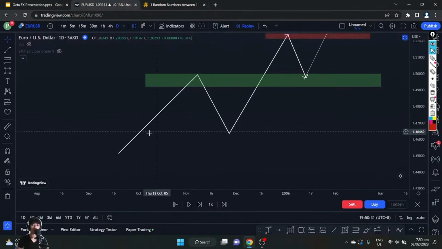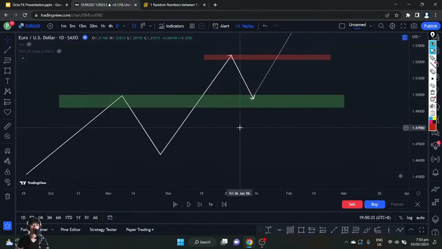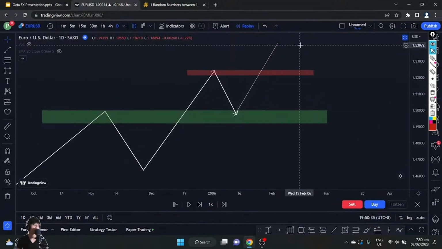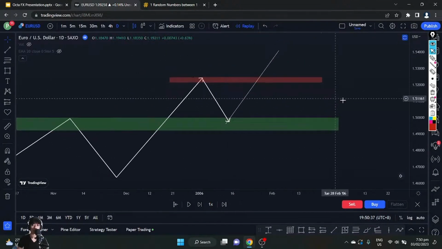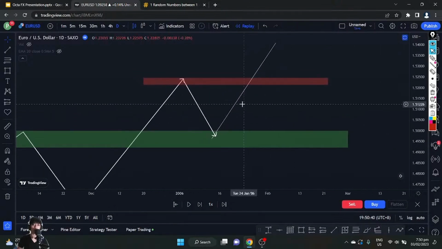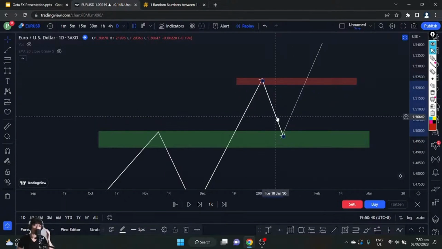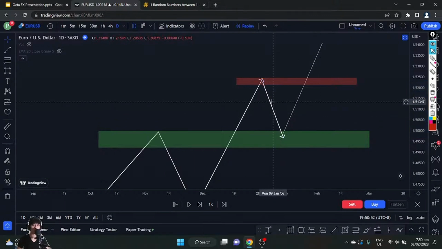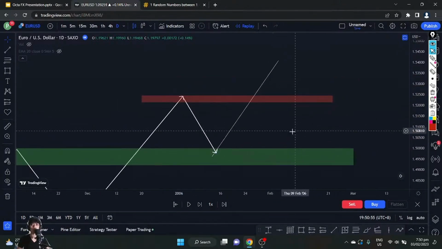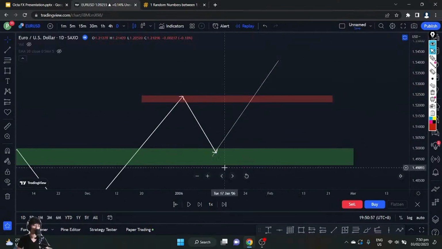So this is our 1, 2, 3 move, and this would be our next 1, 2, 3 move. So if we don't want buying on this support while the price is doing a downward move, what we can do is look for a breakout instead of a pullback.